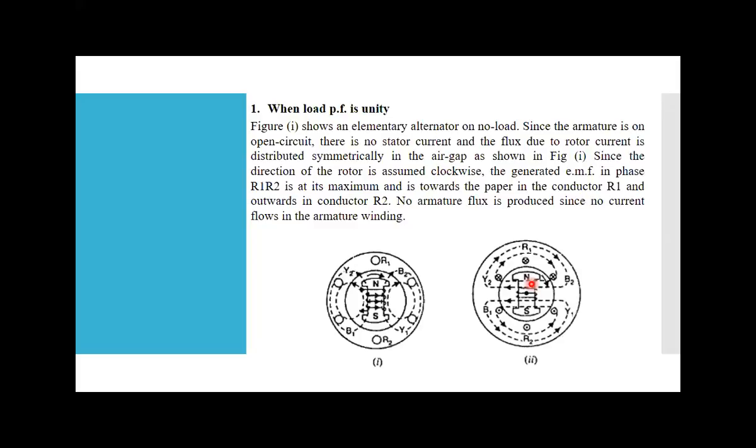It is displaced 120 degrees physically, because you can see after R1, my Y1 is 120 degrees away, and after Y1, my B1 is 120 degrees away. Here I am not writing B2 because it is R1, Y1, B1. Those who are online, let me show you.